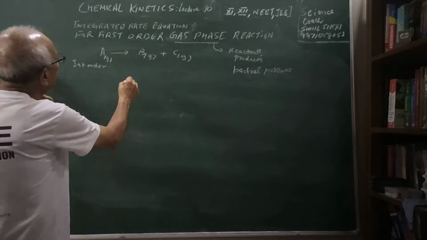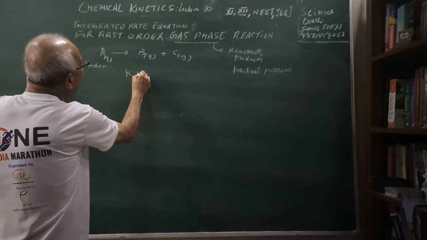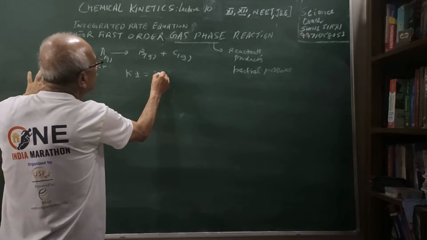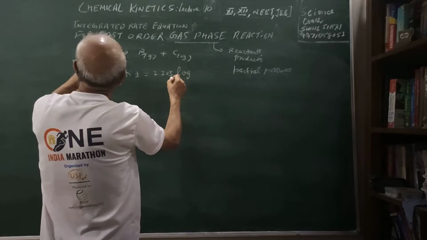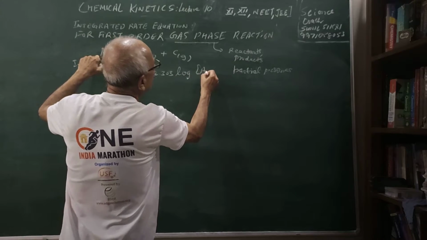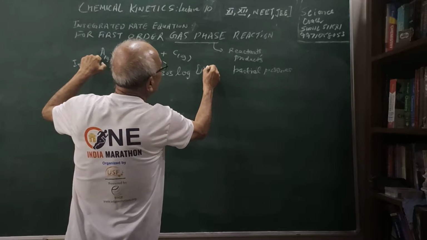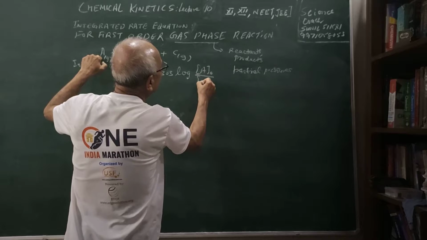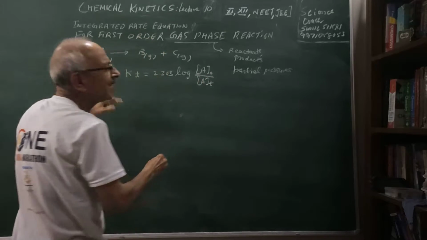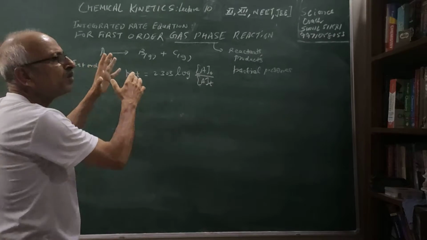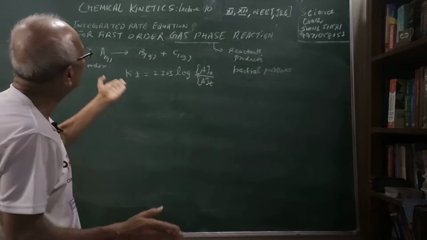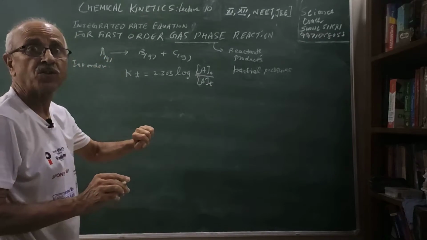For the first order reaction, we derived the formula Kt is equal to 2.303 log of A0 by At, where A0 is the original concentration and At is the concentration at time t. This was our formula when we used molar concentrations.